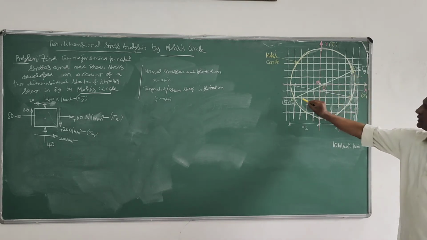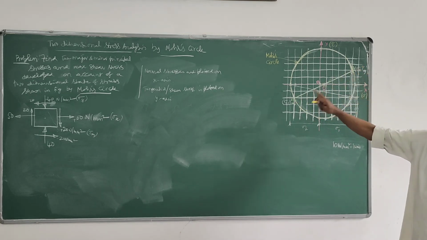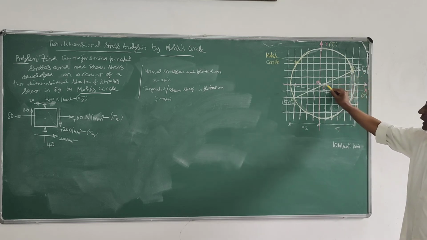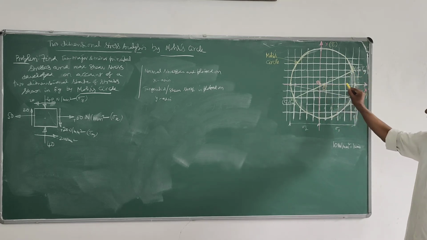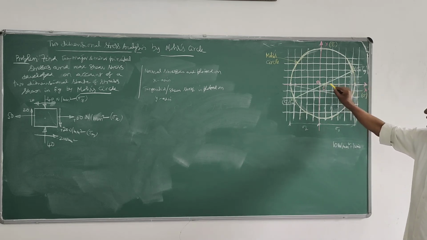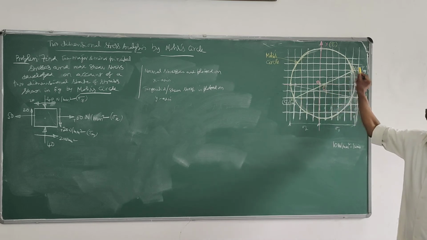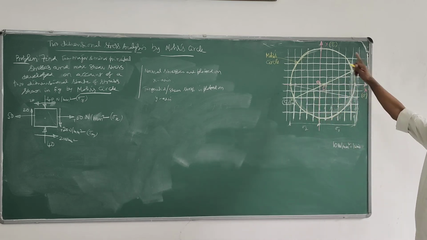Keeping that in mind, you plot the state of stress, join those 2 points, and bisect it with the normal stress axis. With that point C as the center and CA or CB as radius, you draw a circle, and that circle we call the Mohr circle.